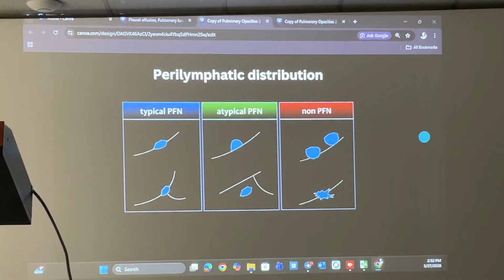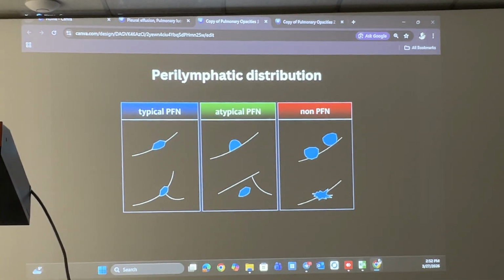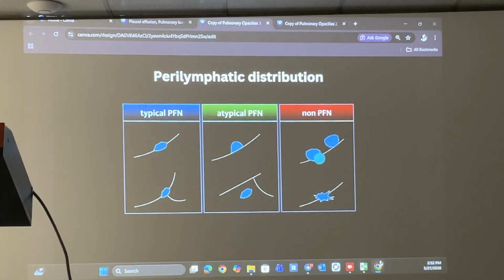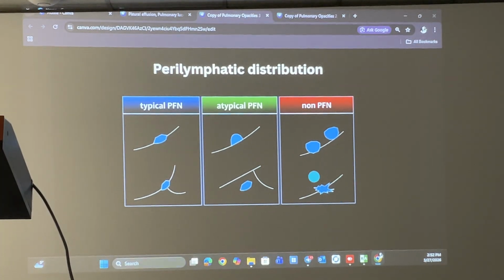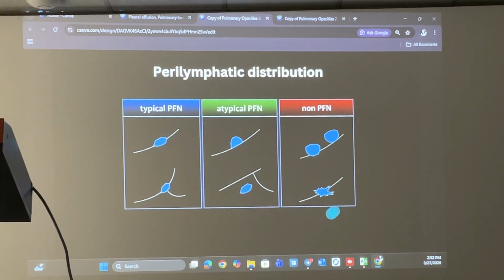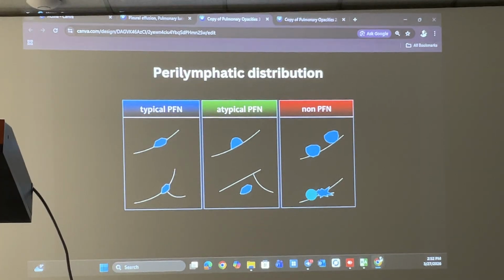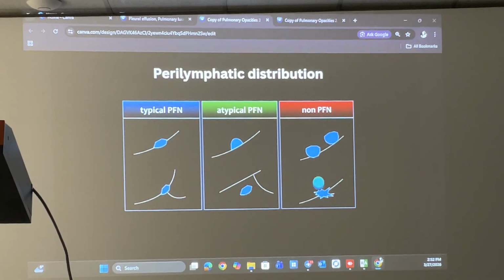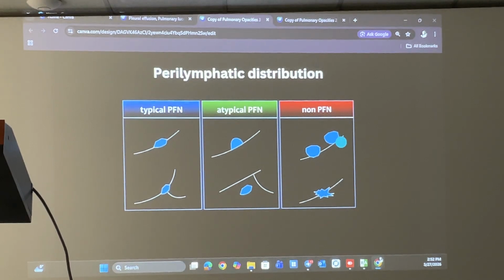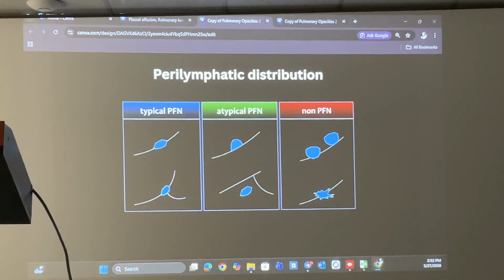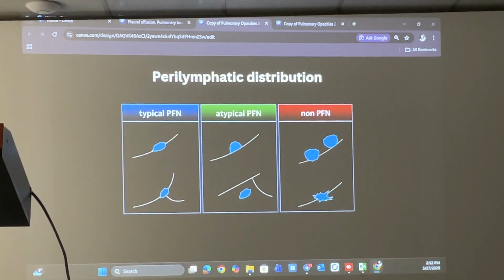And the non-peripheral nodules, you can see that they do not have clear margins. They might be spiculated, and also they would not be within the fissure or in the interlobular septum.